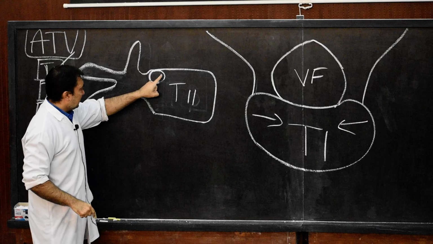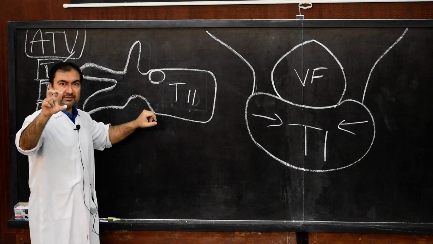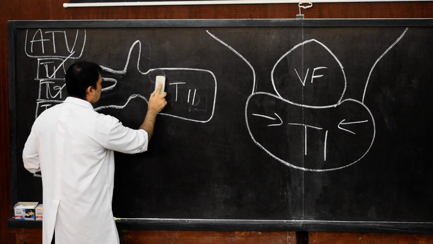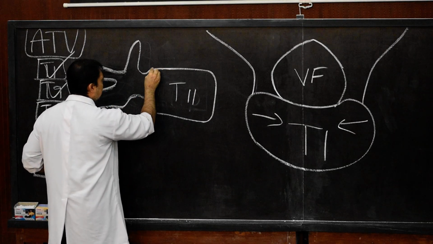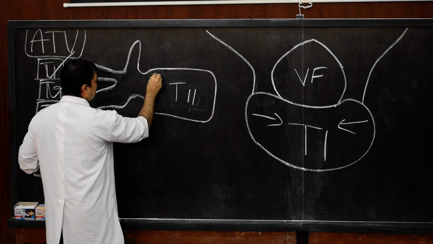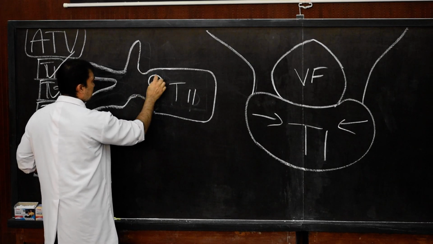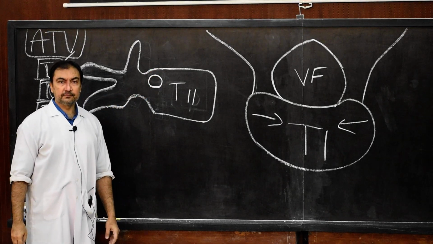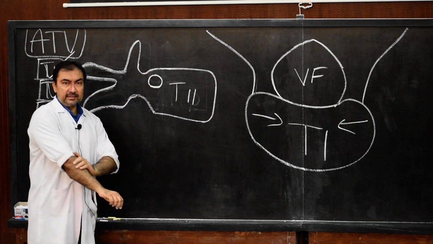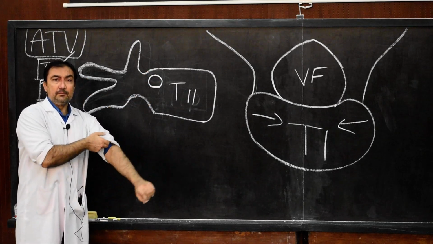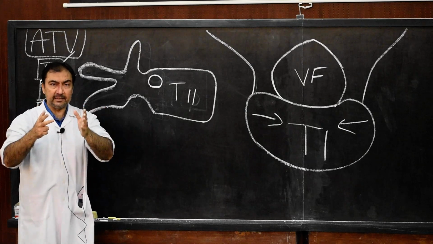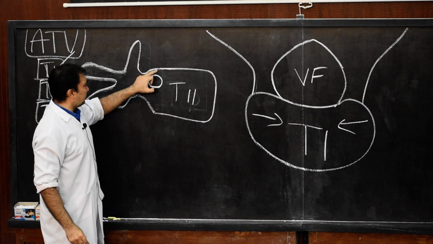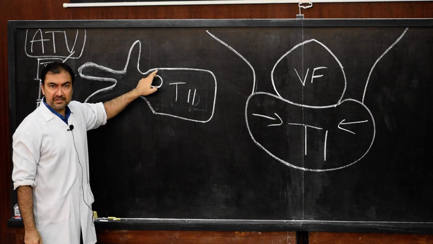And two, it will have the same complete costal facet like T10, but the only difference will be that this costal facet will be present slightly below the superior border. So the complete costal facet is present on the side of the body of T11, just like T10, but this costal facet will be slightly below the level of the superior margin.